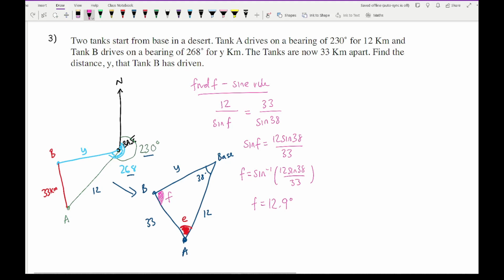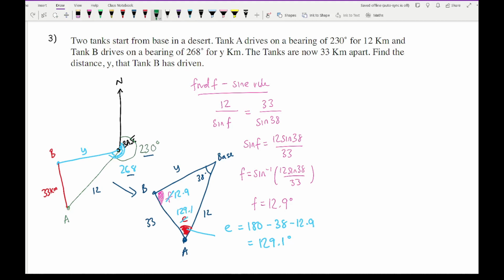So F is 12.9. Then I can work out E: E equals 180 minus 38 minus 12.9, which gives me 129.1 degrees. So this is what that angle there is, so I can cancel E and just call that 129.1.